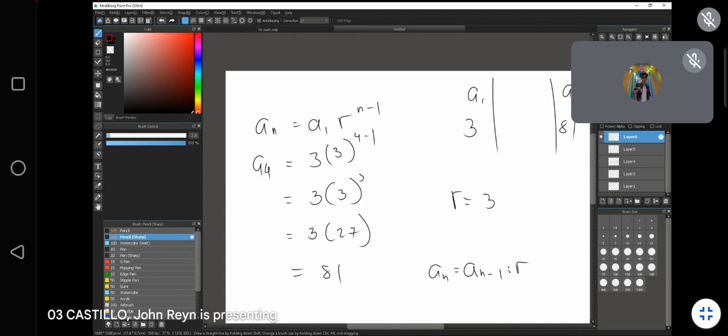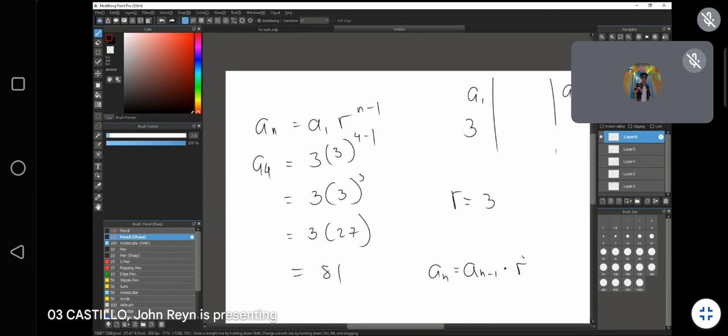In this case, can we actually use this formula if we only have first term, which is 3, unknown is 81? Tanggalin mo nga yung 81 dyan. But we do have this formula, right? Hindi yan. Yung sa taas. Okay, yan. Isn't it that this A sub of n is unknown and we have this formula, no?